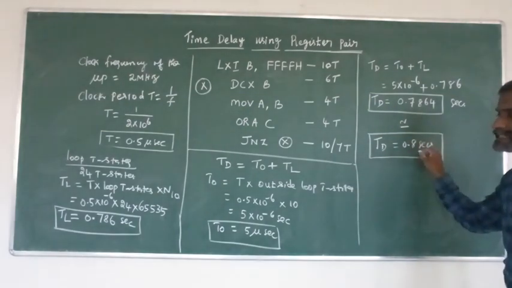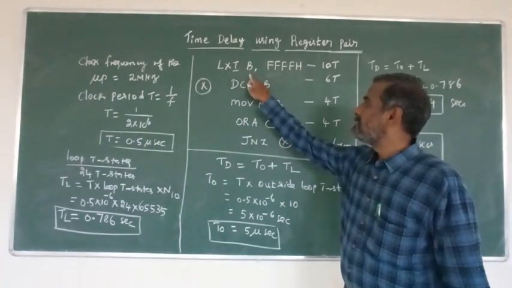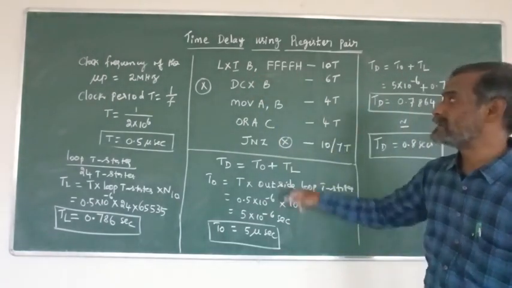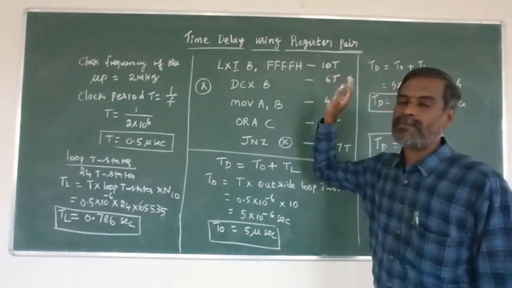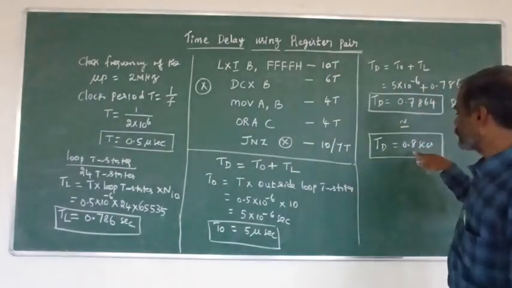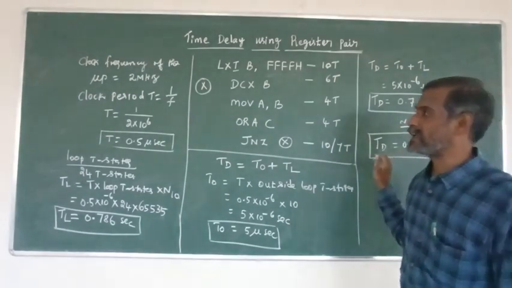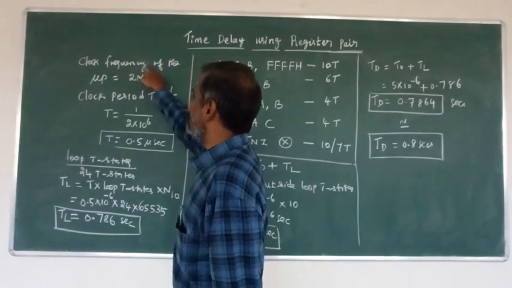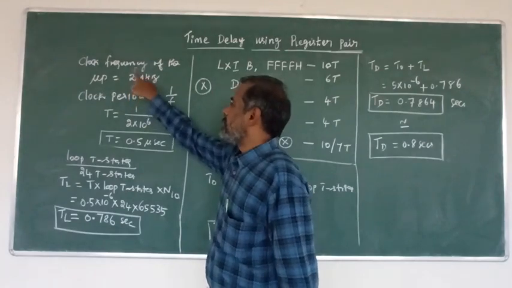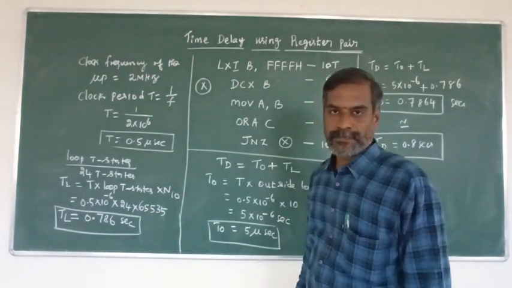This is the maximum time delay using a register pair. The data will be maximum, FFFFH. We get the maximum time delay of 0.8 second when the microprocessor frequency is 2 megahertz.